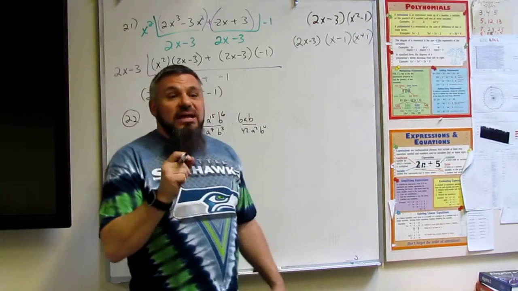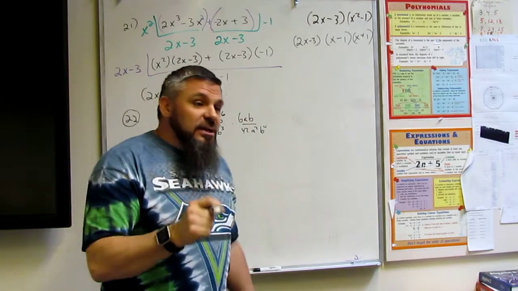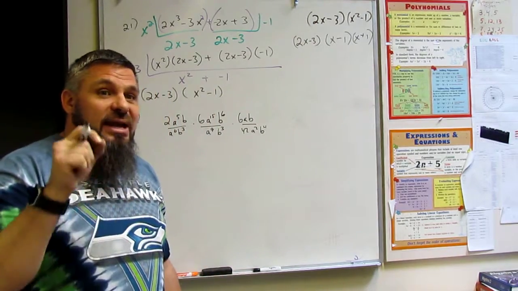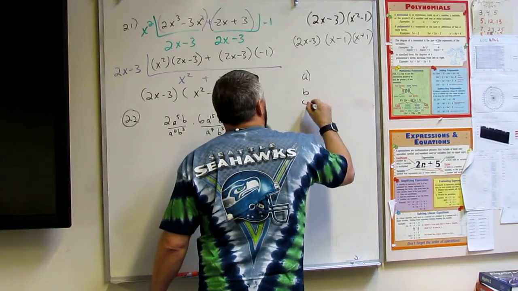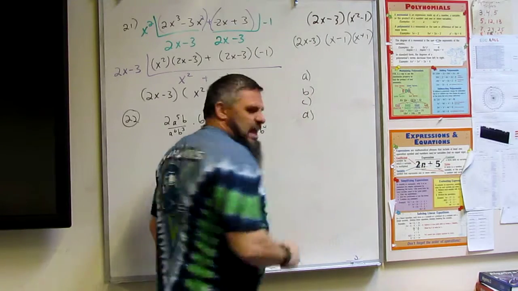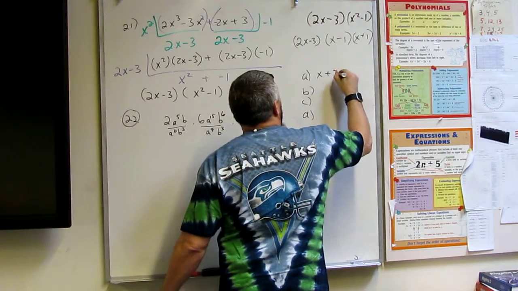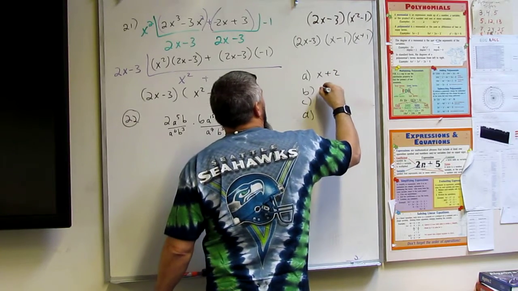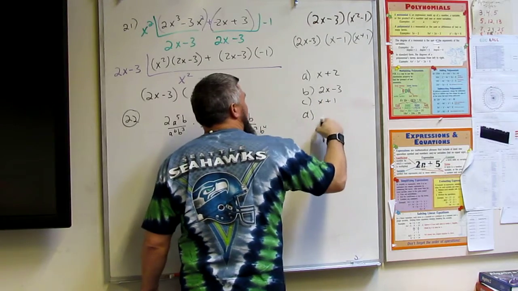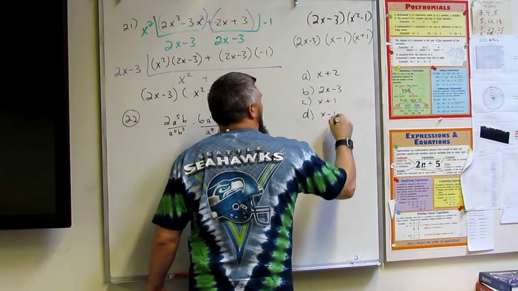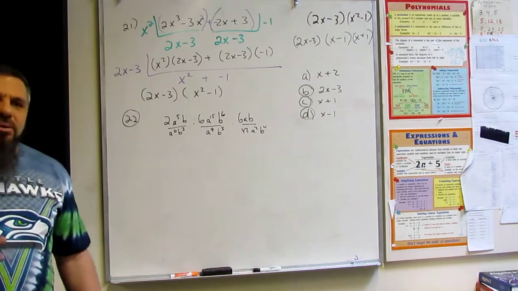This is something that would be missed on the SBAC, because sometimes they have more than one correct answer. So when you have A, B, C, and D, and A is x plus 2, B is 2x minus 3, C is x plus 1, and D is x minus 1, you have to say it's B, C, and D, or you get it wrong.